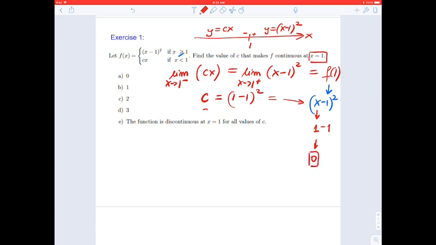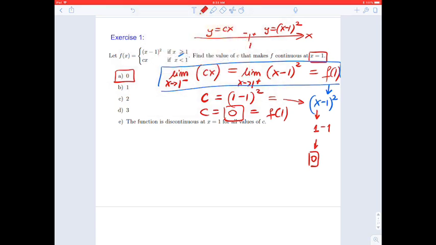That means c is equal to 0, because 1 minus 1 is 0, 0 squared is 0. And if c is 0, the value of the function at 1 is also 0, and the limits are 0, the left and the right hand side. Nice and easy. I just used direct substitution, but please note that's important, that's the definition.